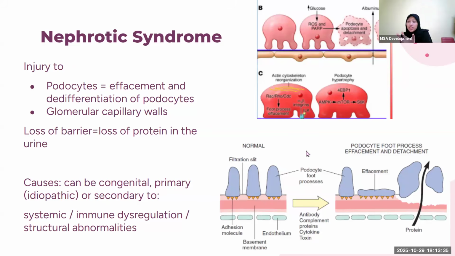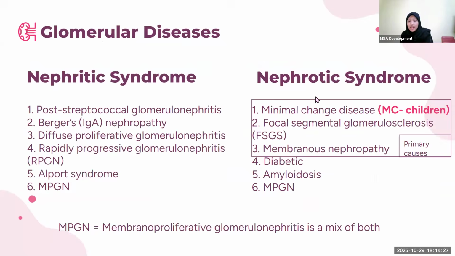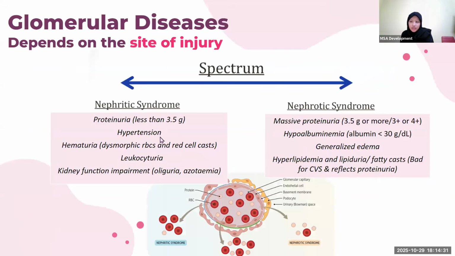So yes, in children there is something called the underfill mechanism, whereas in adults there is something called the overfill mechanism. Again, there is a difference between children and adults in nephrotic syndrome. One of the symptoms here, that's why it's not written, is what happens to the blood pressure.